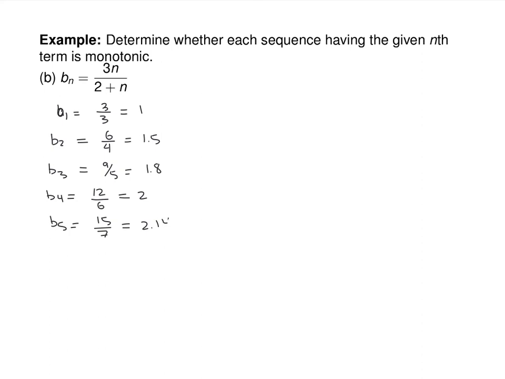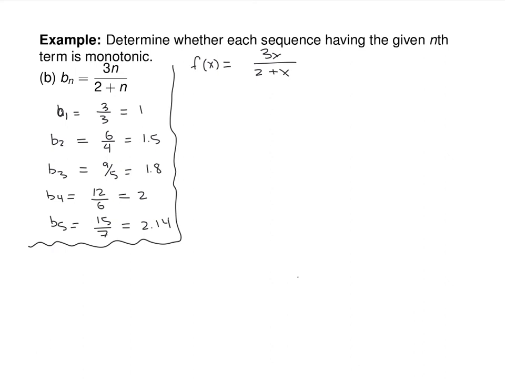Now the question is, how do you prove that? Now proving inequalities is a little bit tricky, and I think that the best way is to actually use calculus and to use a derivative. So here's how we're going to do it. Define a function f of x as 3x over 2 plus x. Remember that functions are increasing if their derivative is positive, and they are decreasing when their derivative is negative.